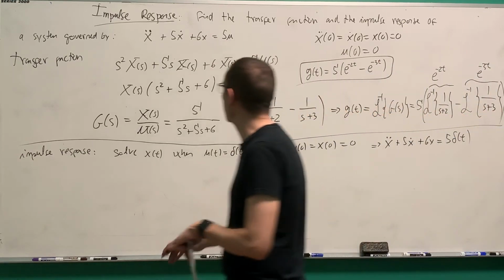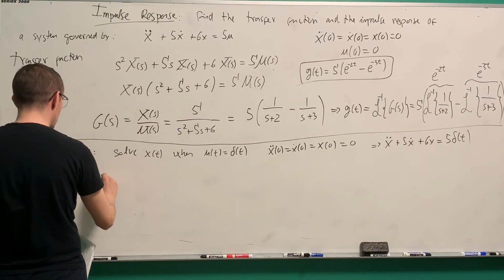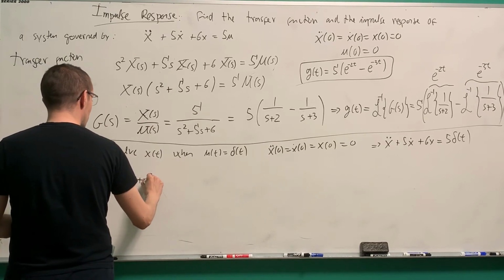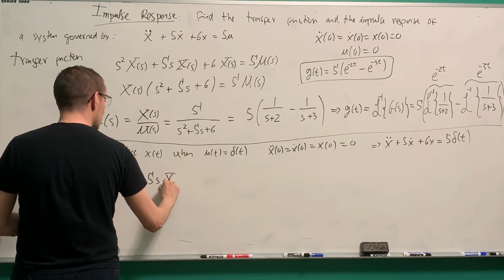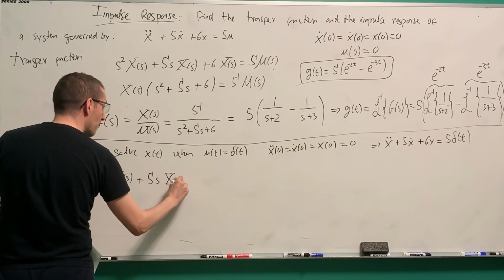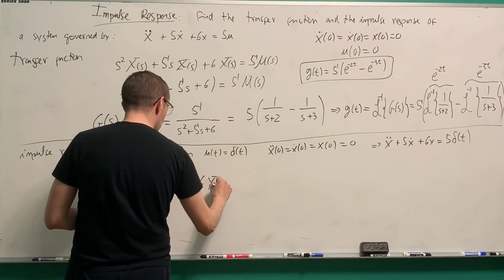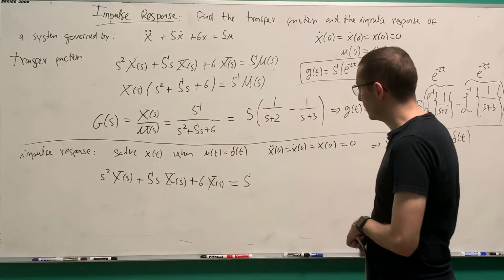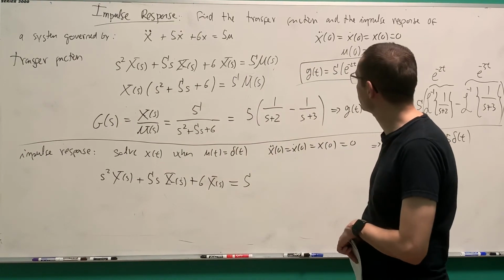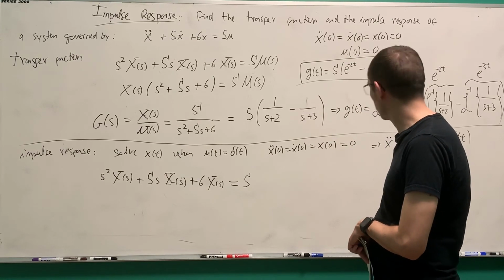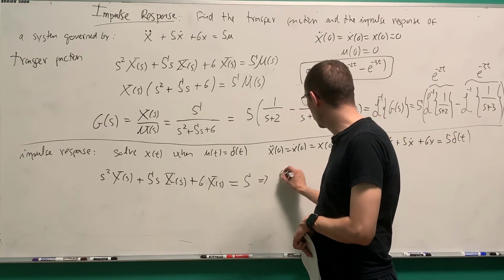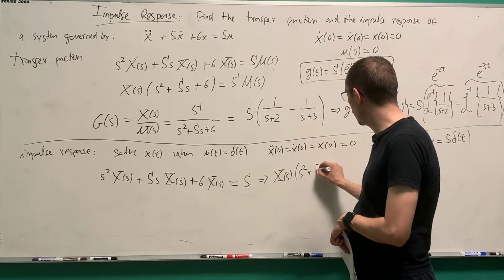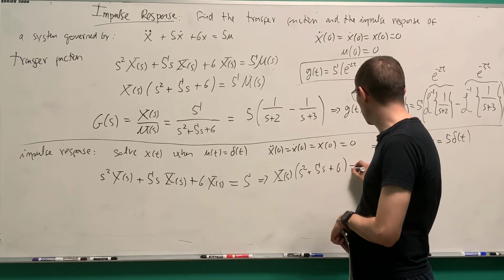Let's take Laplace on both sides. The left hand side is exactly the same: s squared X of s plus 5 s X of s plus 6 times X of s equals 5 times the transform of the delta. The transform of the delta is 1, so it's just the number 5. Now we take the common factor: capital X of s multiplies s squared plus 5s plus 6, and that is equal to 5.